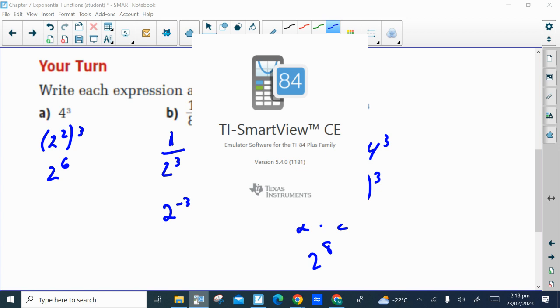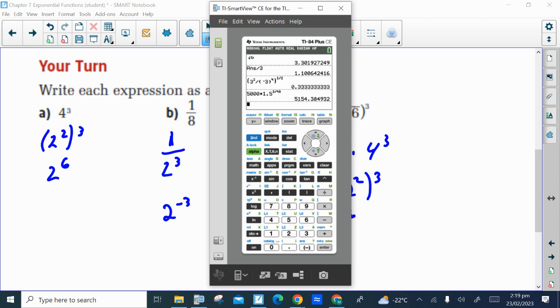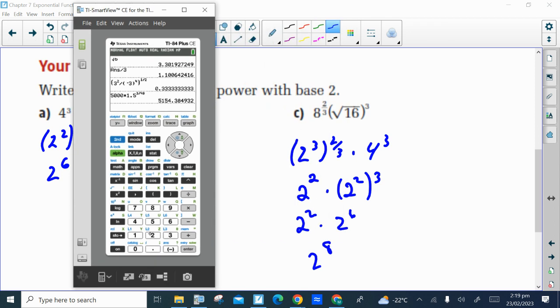But wait for the calculator to fire up here, and we'll put the original expression in, see what we get, and it should equal what 2 to the power 8 equals. There we go. So 8 to the power 2 over 3 times the square root of 16 to the power 3.